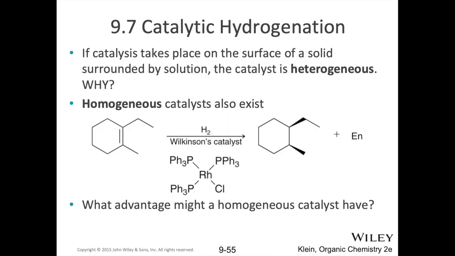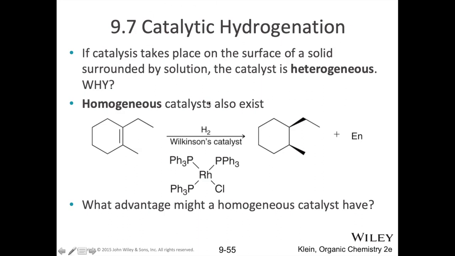That being said, it's possible, instead of having a solid catalyst, to have a catalyst that is also dissolved in the solution. We call this a homogeneous catalyst. Okay, so it's possible to get your metal center using some sort of metal complex that will dissolve in the solvent you're using. An example of this would be Wilkinson's catalyst.